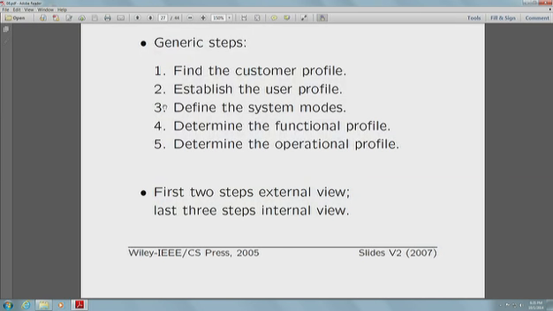The Musa 1, the one he developed first, is a top-down approach to operational profile development.